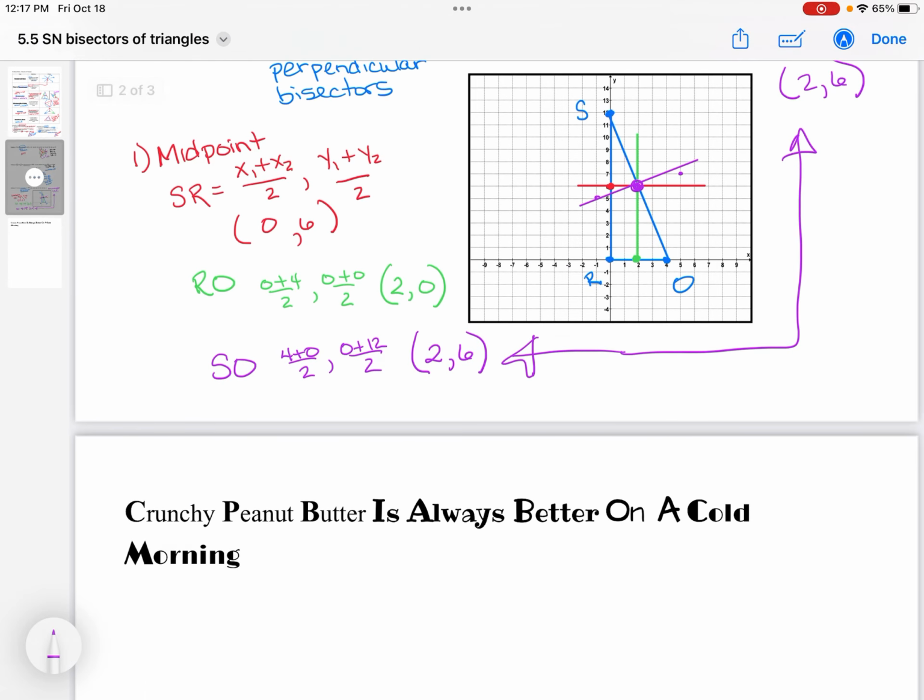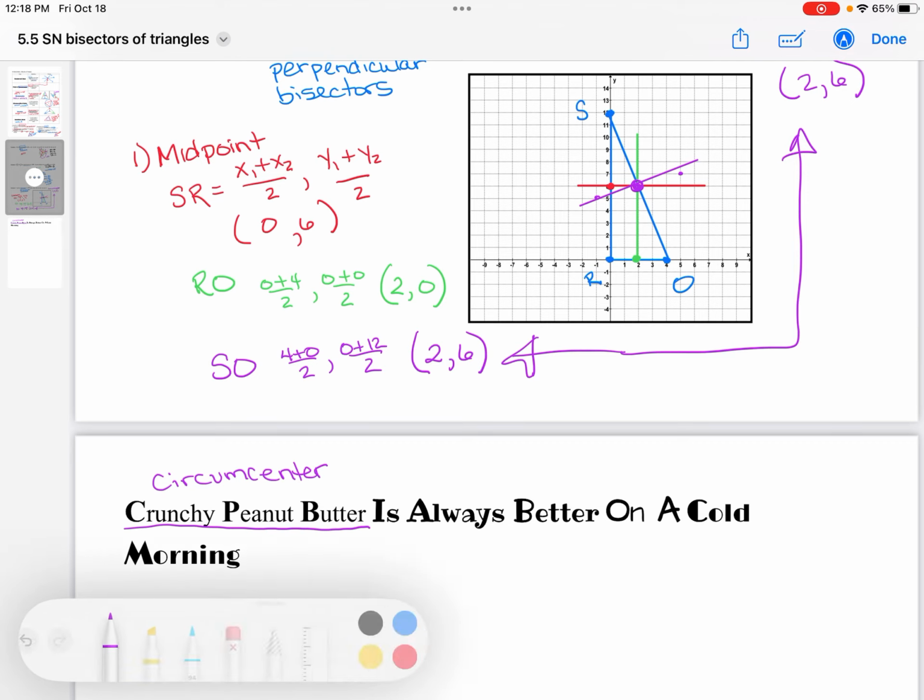So, crunchy peanut butter we're going to talk about on another slide, but this is to help you remember. This is circumcenter, and we're going to do a graphic organizer. And then is always better is our in-center.